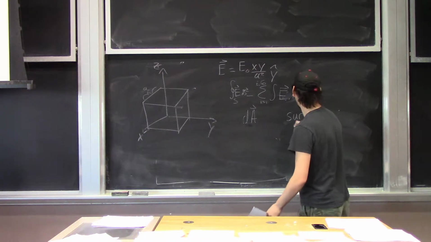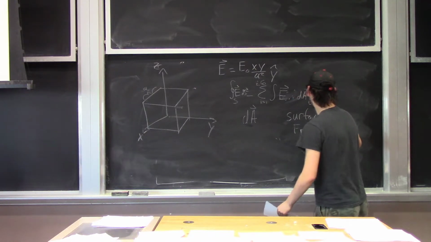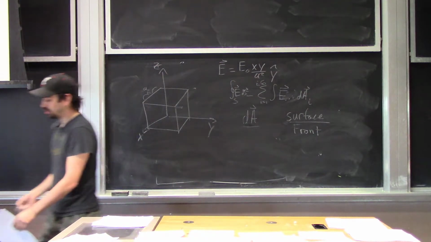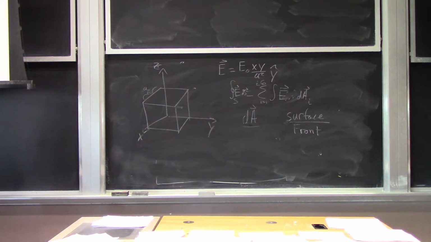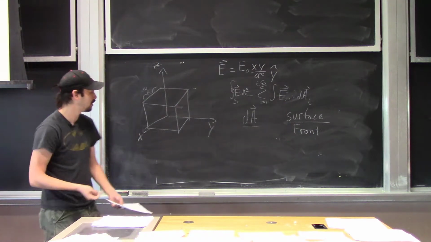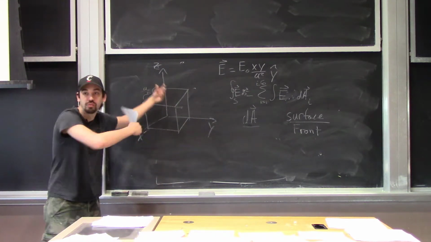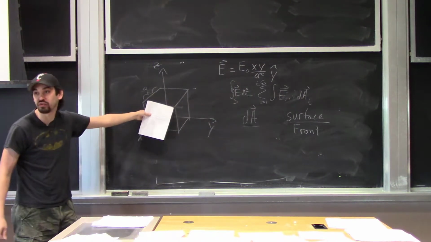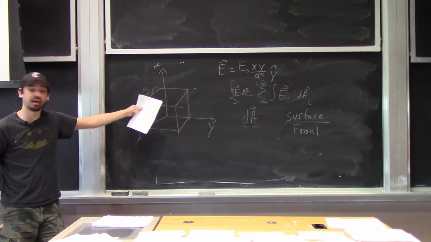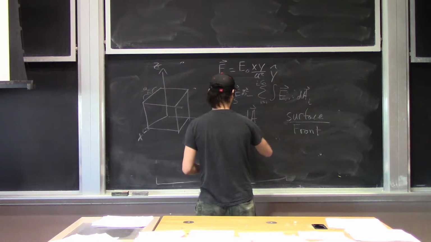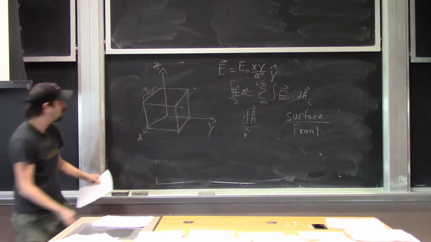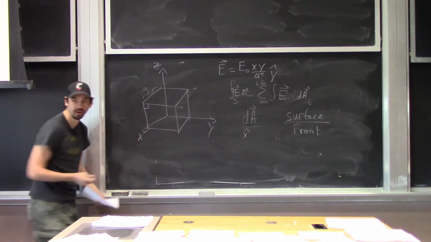So for the front, what should my dA be? Well, dA's got two parts. It's got the product of two infinitesimals, and it also has some unit vector. And the unit vector, by definition, always points out of the surface. So for this front surface, what's the unit vector that points out of it? x hat, right? So this is going to be some x hat. And then what are the infinitesimals that make up all of these little boxes here? dy dz.